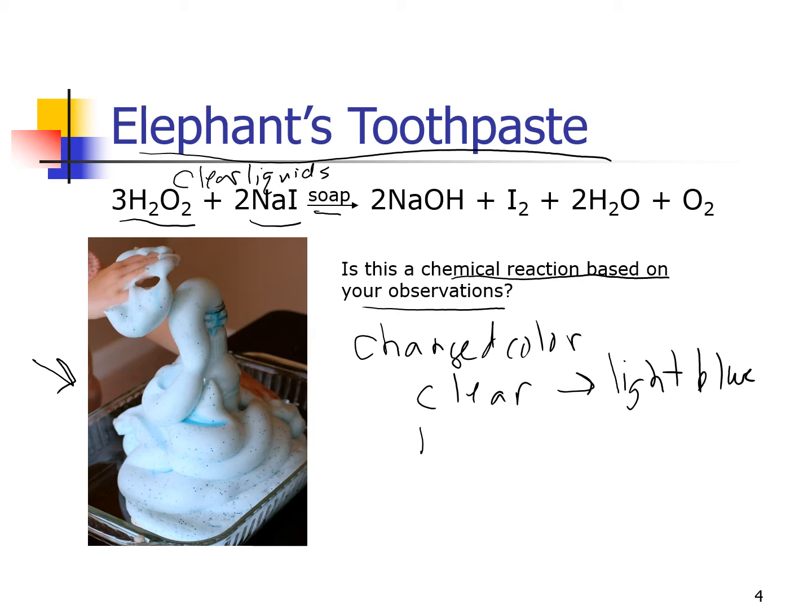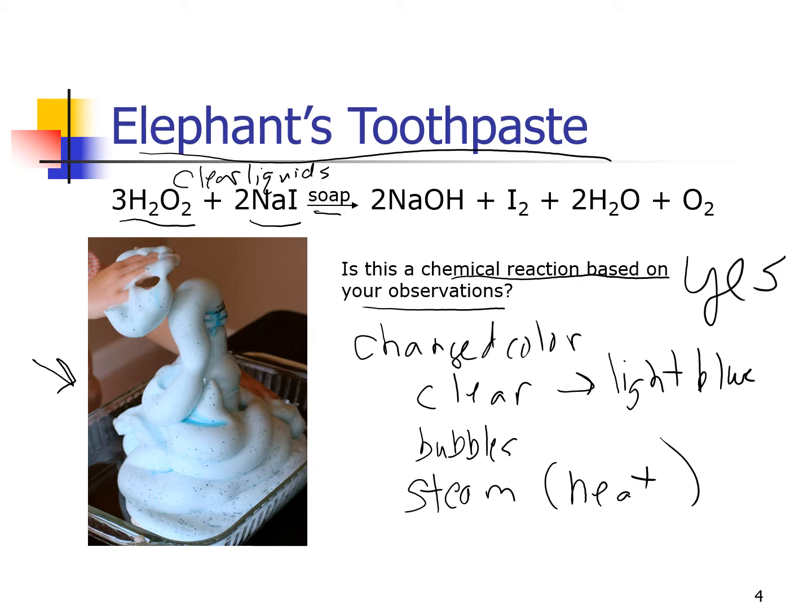So you observe bubbles in that liquid. And you can't really see in this picture, but you often see steam coming off the top, which indicates you have the production of heat. And if you have your hand near that, you would feel the warmth. So now, based on your observations, would you say this is a chemical reaction? I would say yes, based on what we just learned.